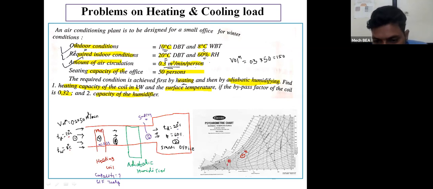That means from point number 1 I am going to draw the sensible heating line, but up to which point I do not know. I only know that it is up to point number 3.